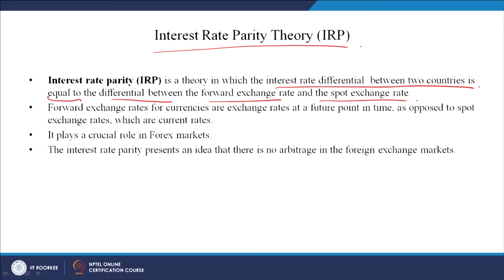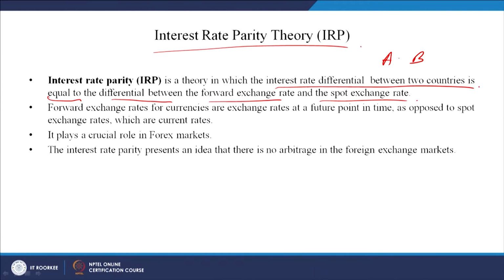Let us go back and understand what it says. IRP is a theory in which the interest rate differential, meaning the difference between two countries A and B, is equal to the difference between the forward exchange rate and the spot rate.